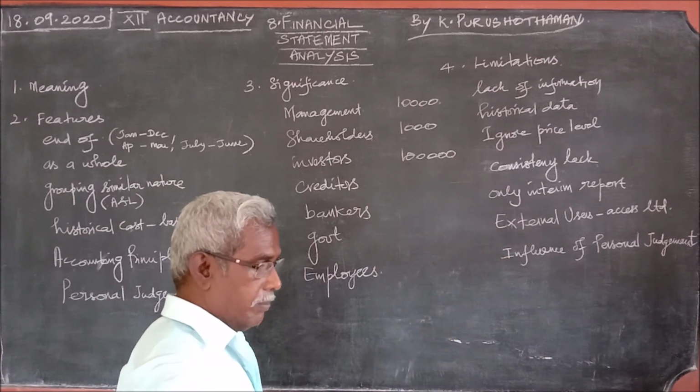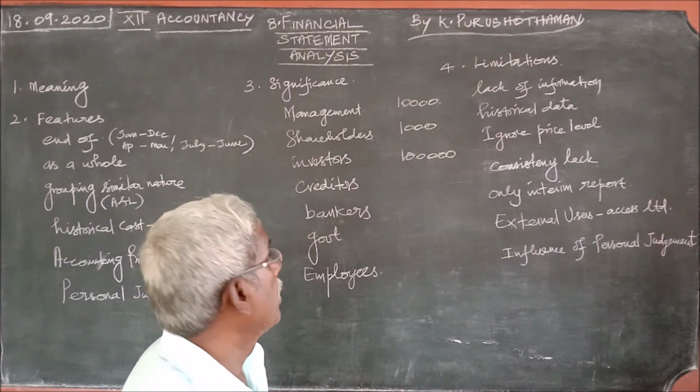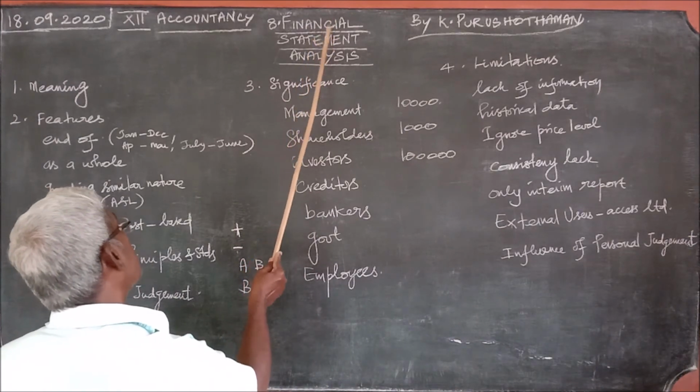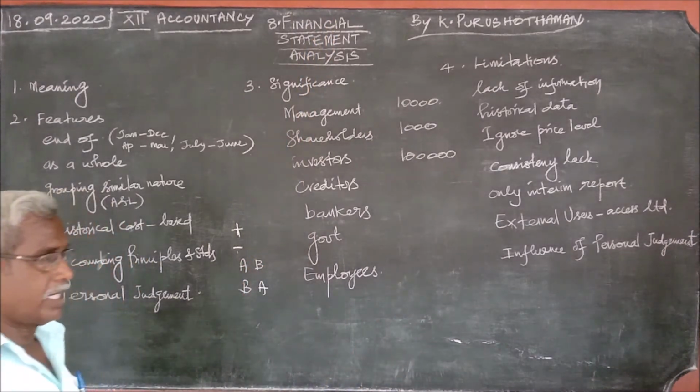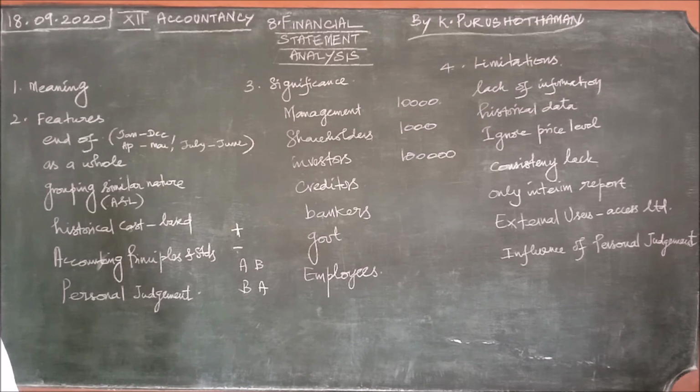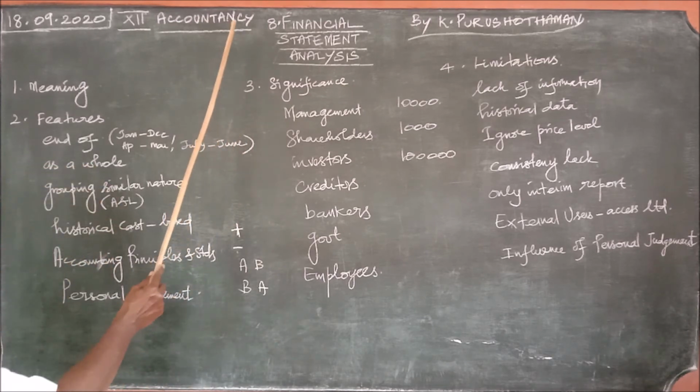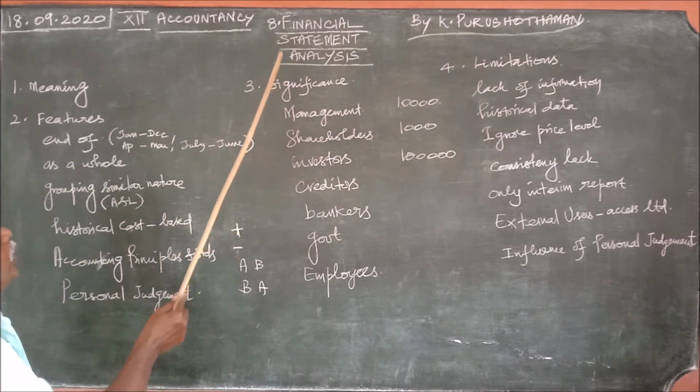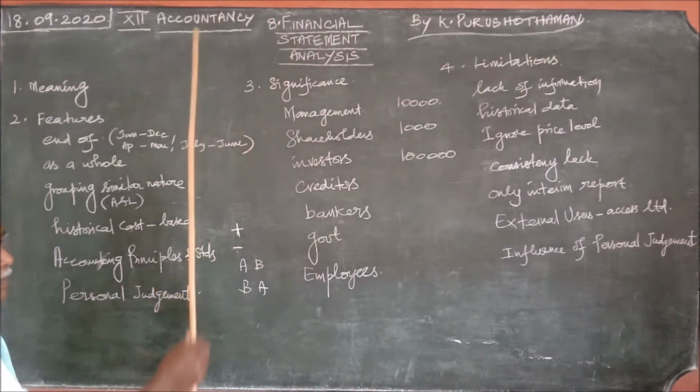And I said in the beginning itself, the financial statement is prepared by a group of people or by a few persons. When they prepare the manufacturing expenses, the trading account, the profit and loss account and the balance sheet, their personal ideas influence the preparation of financial statements.